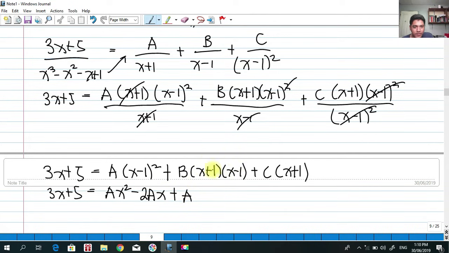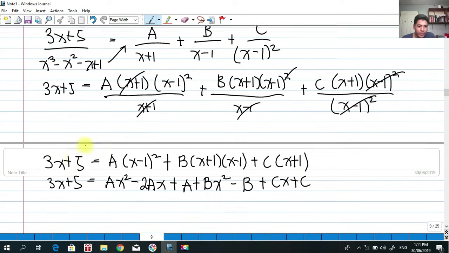And x plus 1 times x minus 1 is simply x squared minus 1. So if we multiply b by x squared minus 1, it should be plus bx squared minus b. So distribute this, plus cx plus c.